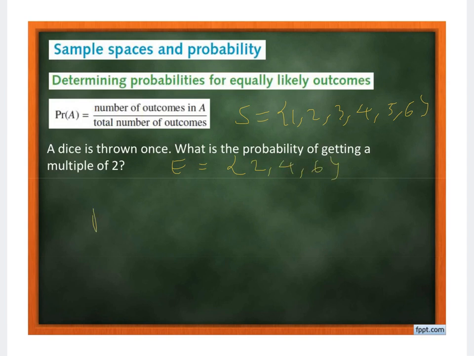So the probability is 3 over 6, so the probability is 1/2 or 0.5.